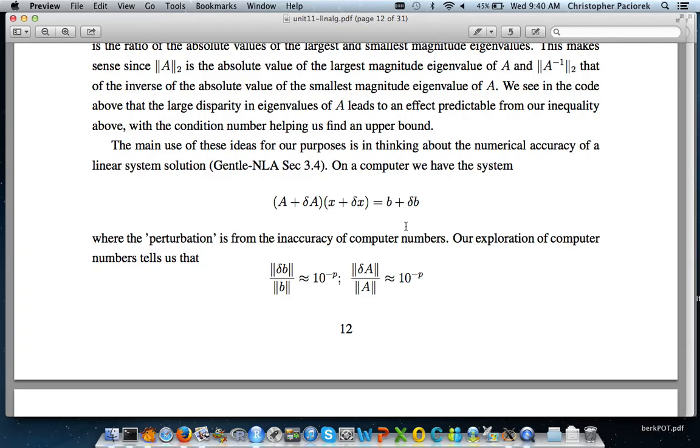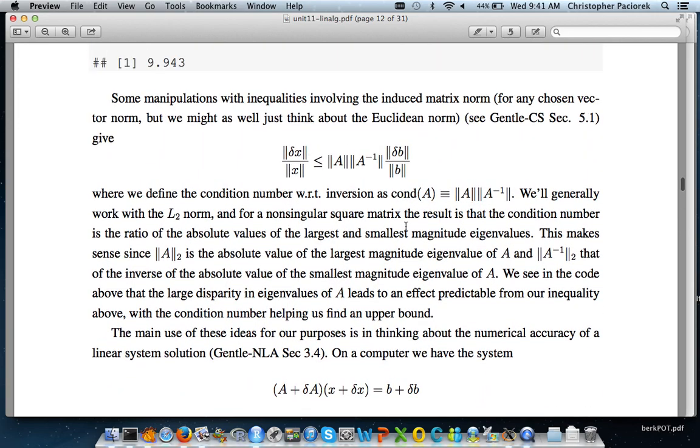Okay, so the idea is I have A plus delta A times X plus delta X equals B plus delta B. And I want to manipulate this to get something that looks like an equation like this, where I say, what's the relative error in my answer for X? Okay, so that's where we're trying to get to.